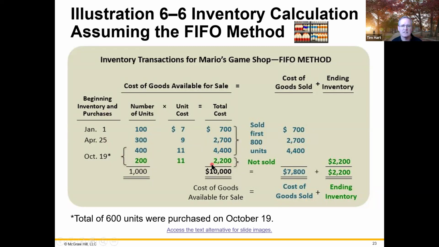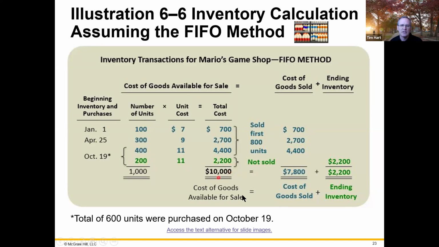The total cost is those remaining, because the oldest ones have been sold first, first in, first out. So the $7 unit items, the $9 unit items, and 400 of the $11 unit items have been sold. That first 800 have been sold. So what's left is our 200 units of $11 unit cost items for $2,200.